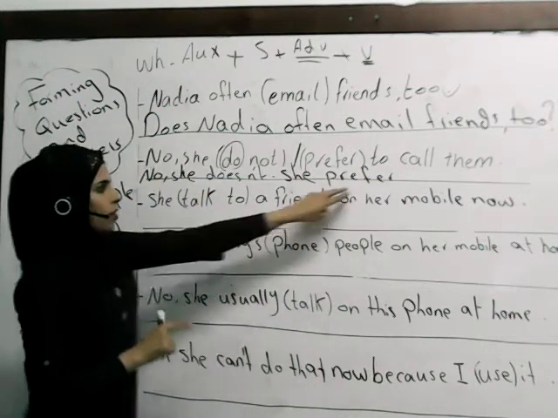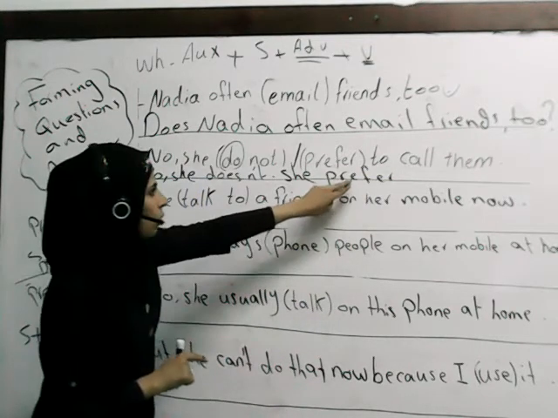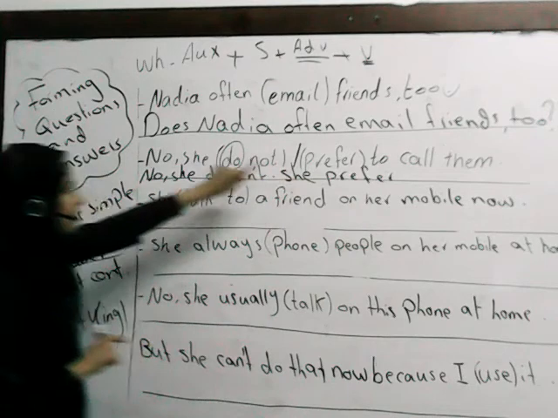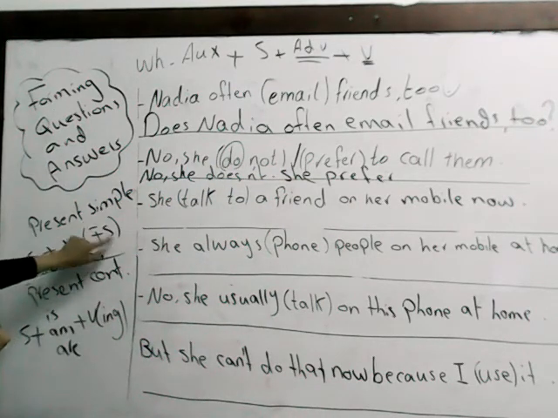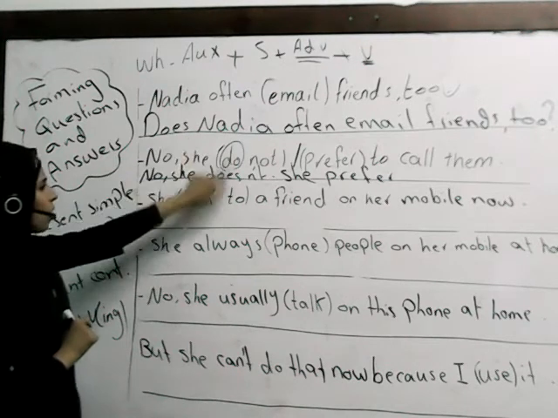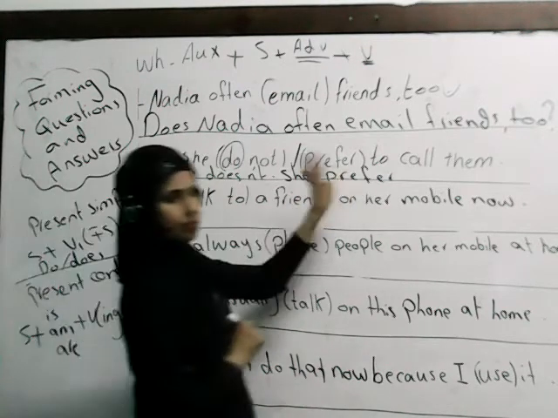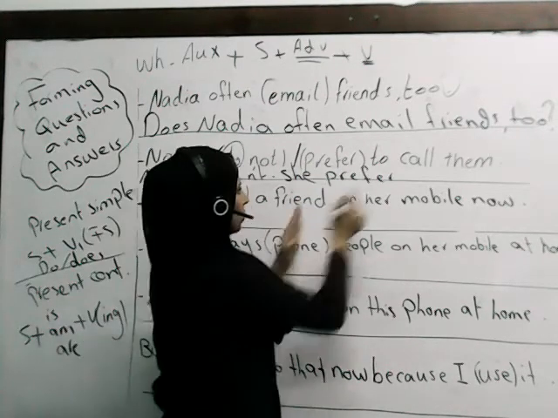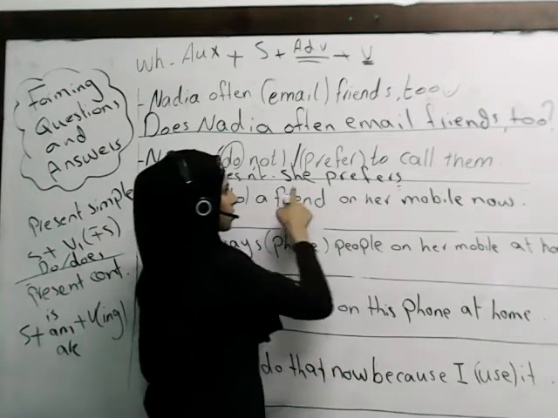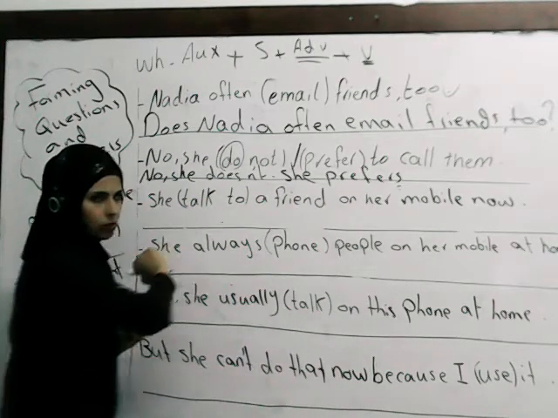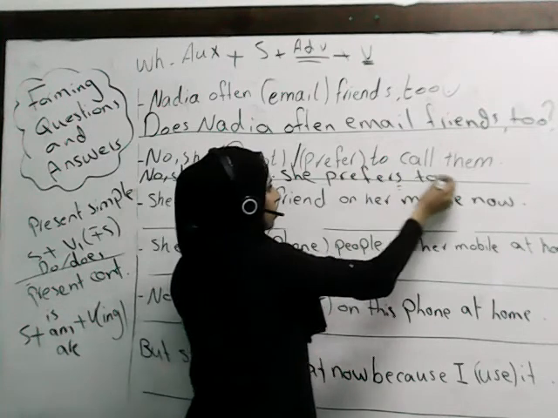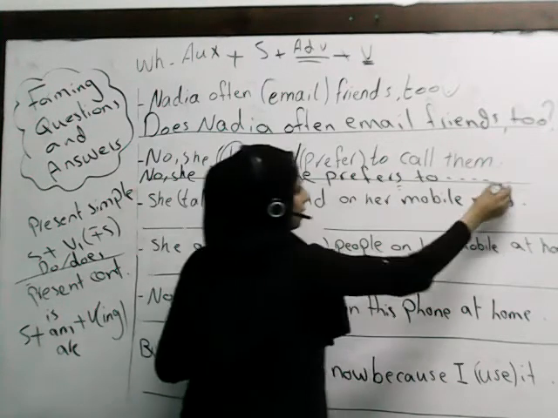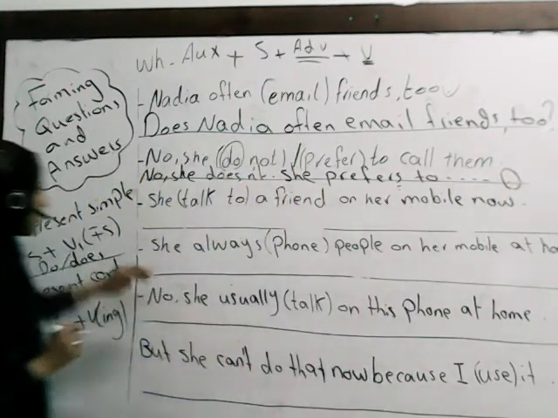Remember, you are dealing with a sentence in present simple, which is verb with or without s. So you can't add prefer as it is. You need to add s to it because it's with a singular subject. And complete your answer to the end and add the full stop.